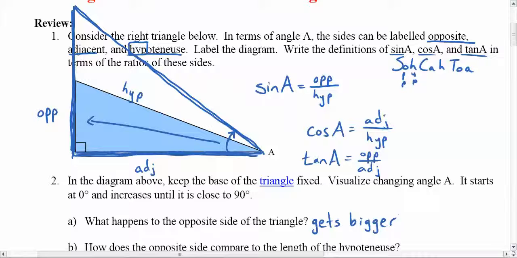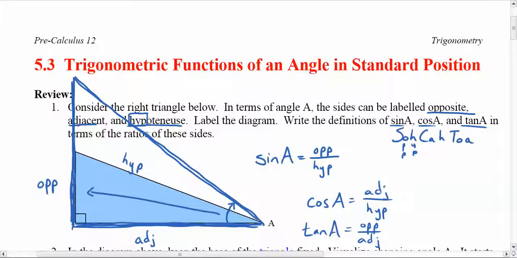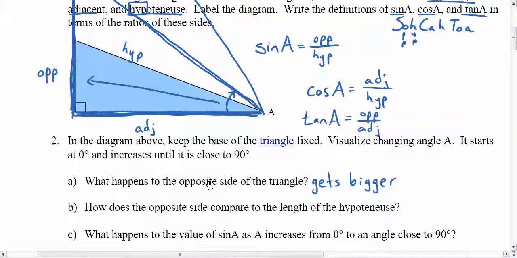So now imagine that I keep doing this. I'm going to keep increasing A, and make that angle A bigger and bigger and bigger until that angle becomes 90 degrees. How does the opposite side compare with the length of the hypotenuse?